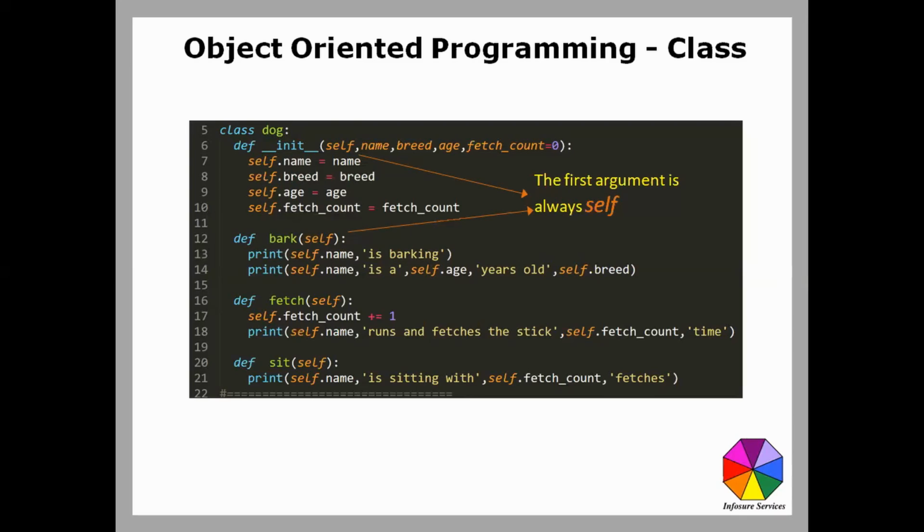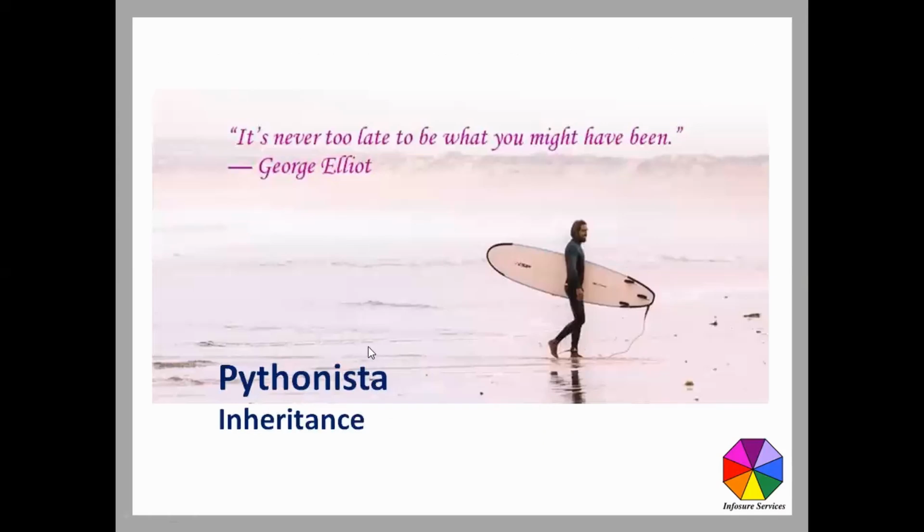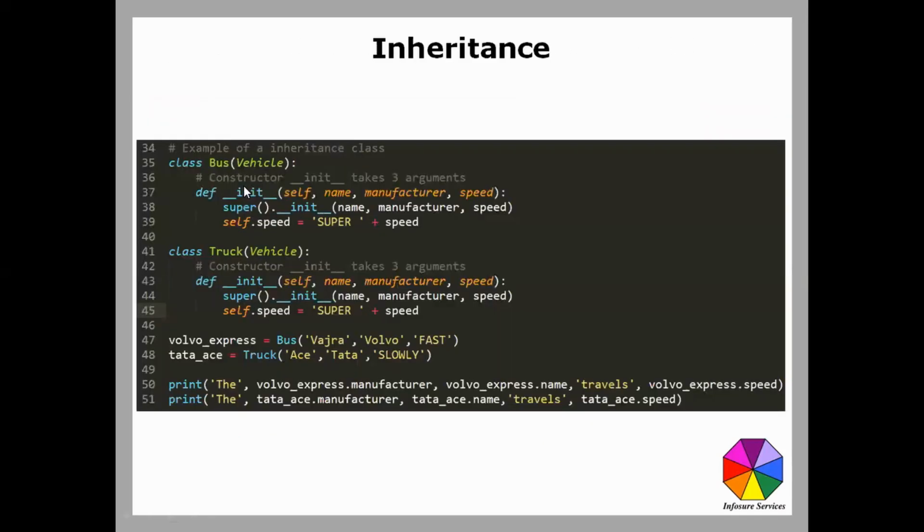Okay, got it. So that's one concept of object-oriented programming. Now, inheritance. Inheritance is when one class is already there, like the Vehicle class, and we are using it as a parent class to a child class. Here Bus is a child class, and all the properties and methods of the Vehicle class are available.